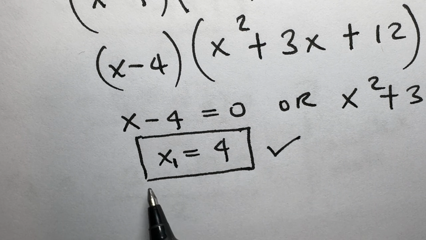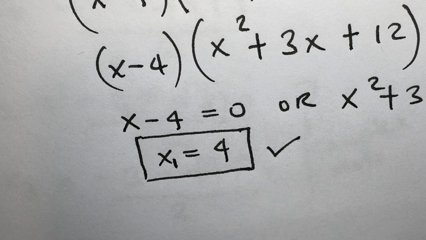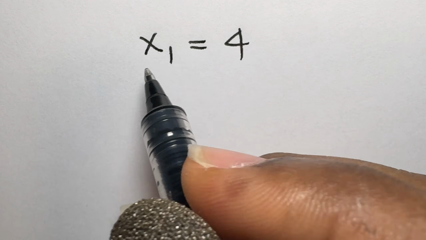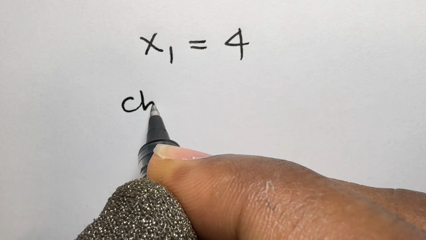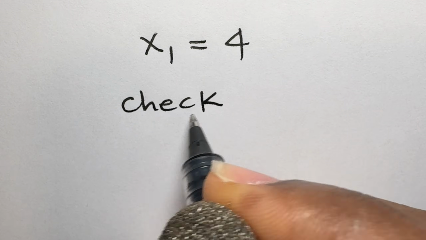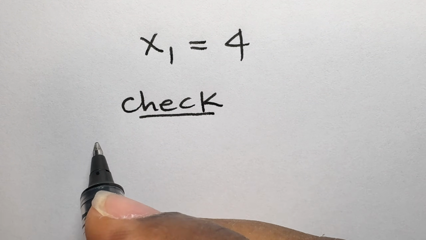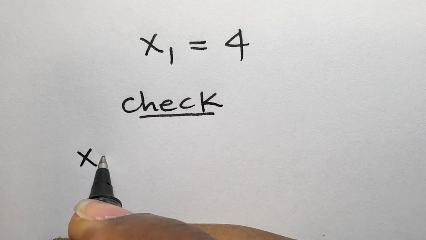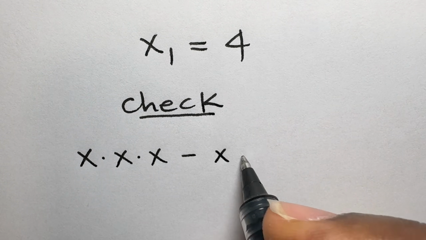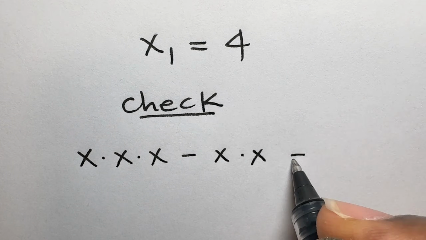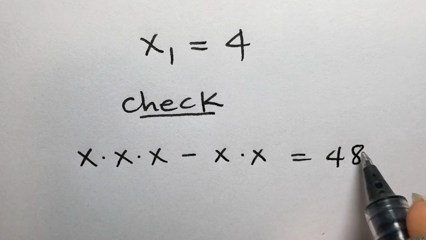Now let us check to verify that this is correct. To check that this real solution is correct, we need to substitute its value into the given equation. X times x times x minus x times x is equal to 48.